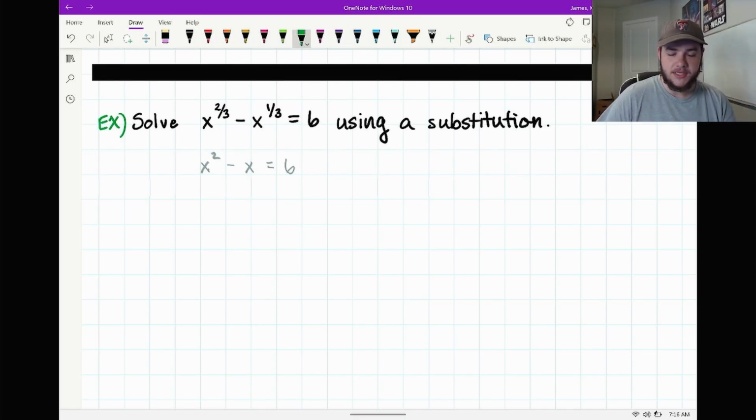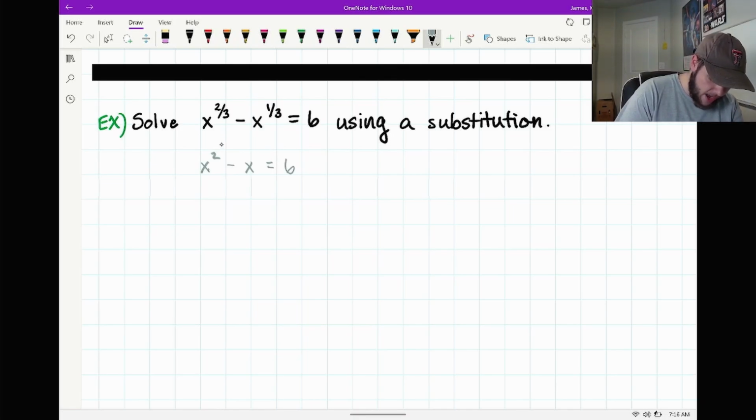Now, a substitution is just when you give a name to something that exists in the problem. I don't like the 1/3 powers, but what I notice is the relationship between this problem and this problem is that I have an extra 1/3.